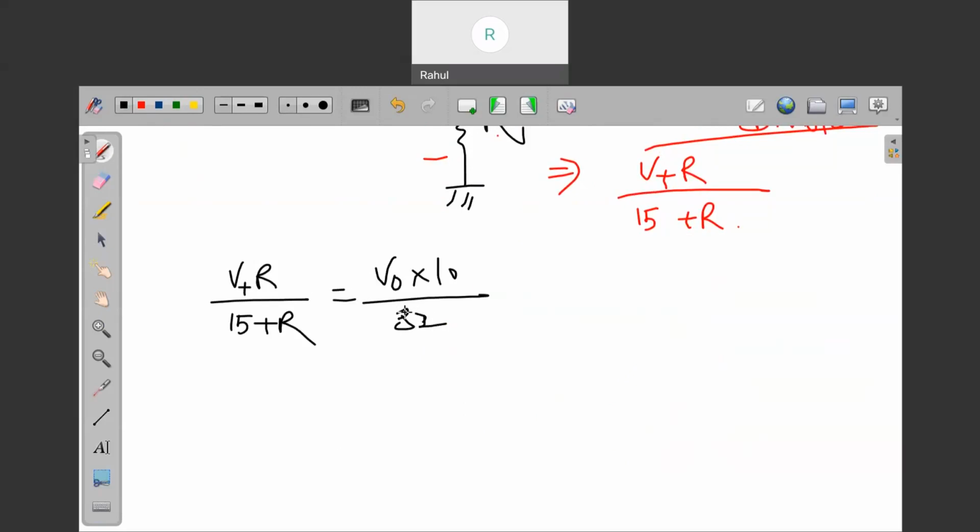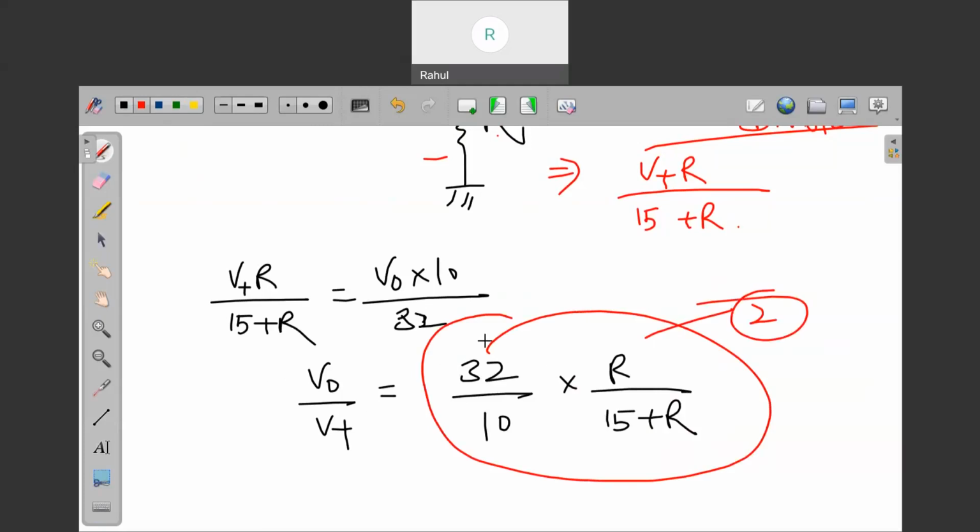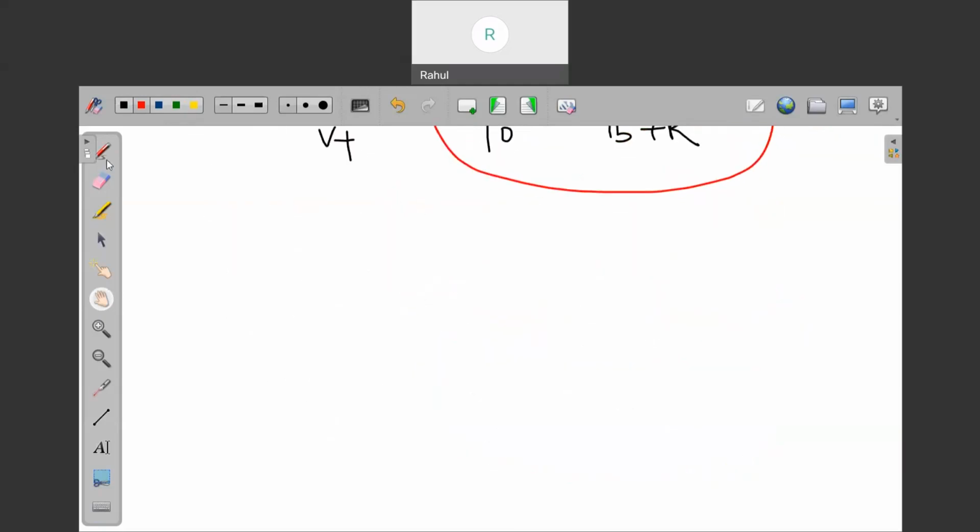Now what you can do here is find the V naught by V plus. So V naught by V plus will be equal to 32 by 10 into R by 15 plus R, right? So this is the amplification factor for the second equation. So now, equation 1 and equation 2, very good problem, right?